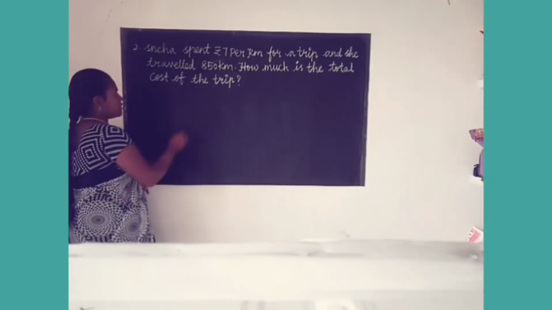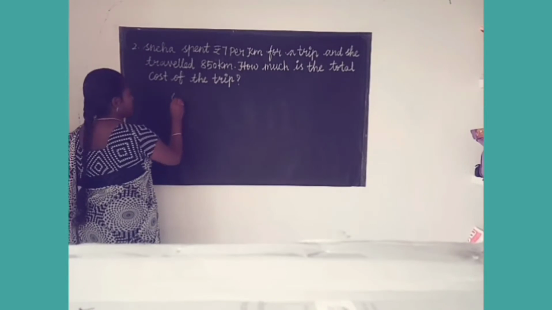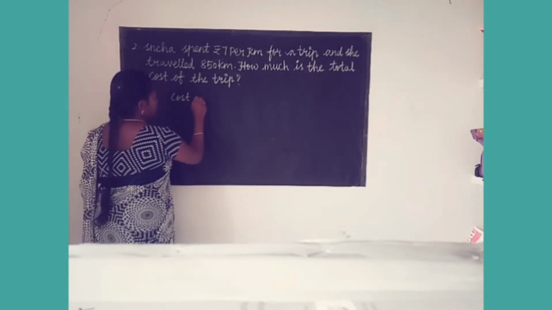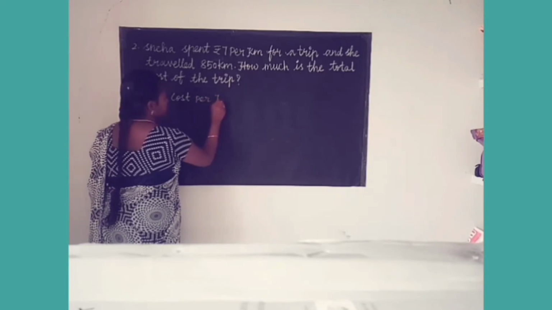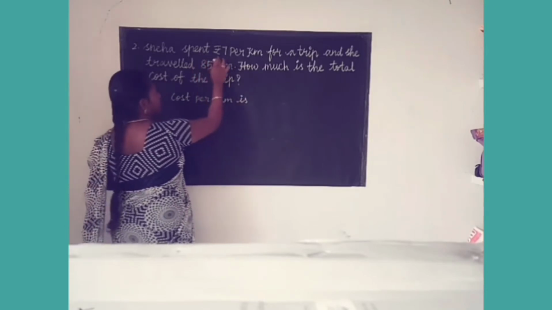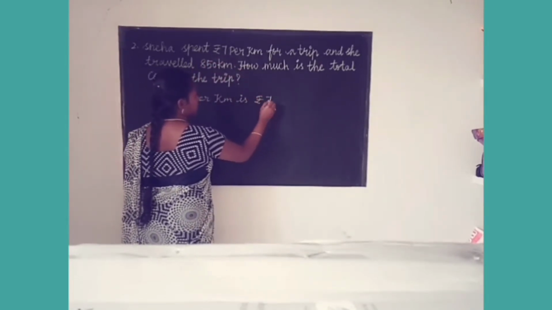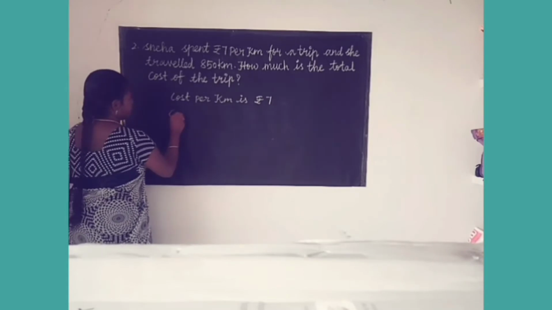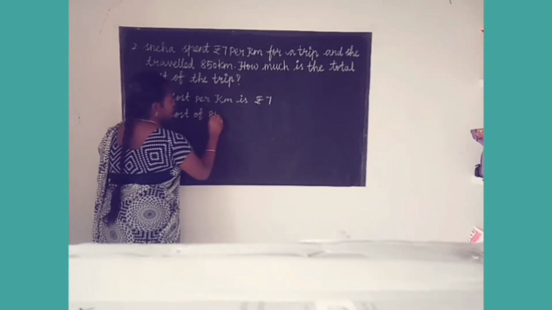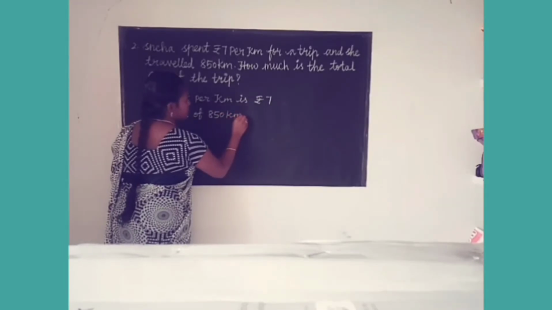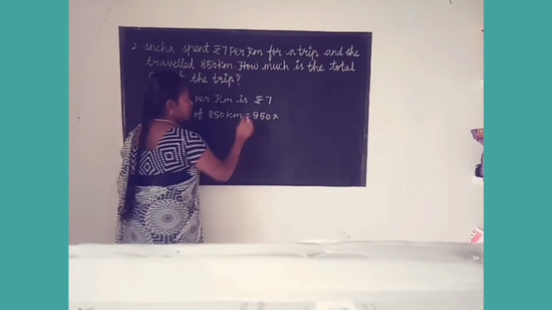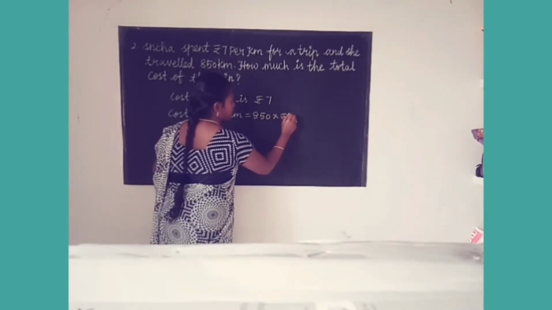So we write the first value, cost per kilometer. Cost per kilometer is, so 1 kilometer value is rupees 7. Next, cost of 850 kilometer is equal to this 850 distance value into money value rupees 7.